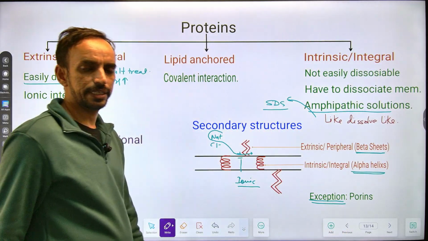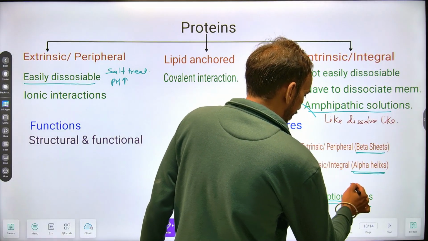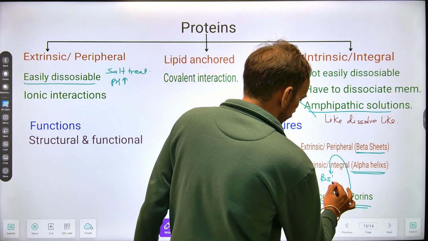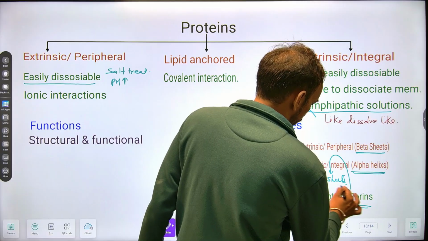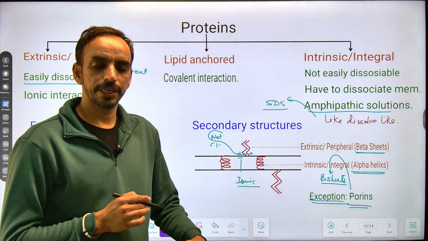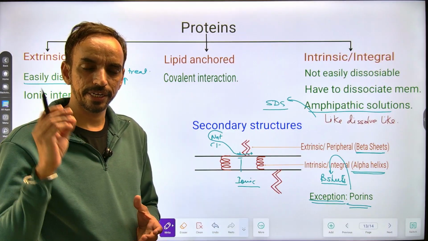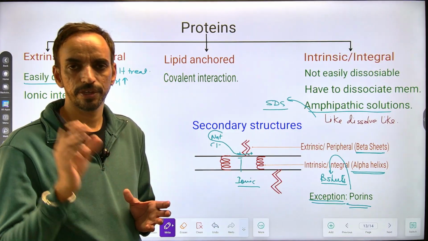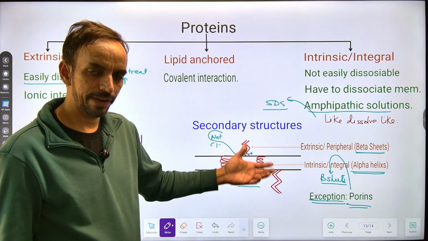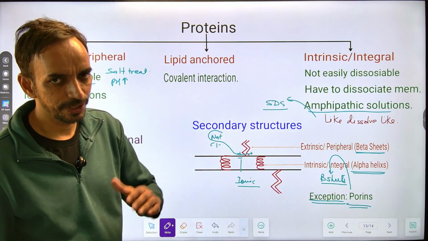We also have exceptions in the form of porins, and these porins, they are the intrinsic protein, but they are made up of beta sheets. Sometimes they form a barrier which is called as beta barrier. So the porins, these are the transporters that are intrinsic but made up of beta sheets. So in general, जो intrinsic होते हैं alpha helixes होते हैं, but porins क्या हैं? They are made up of beta sheets.